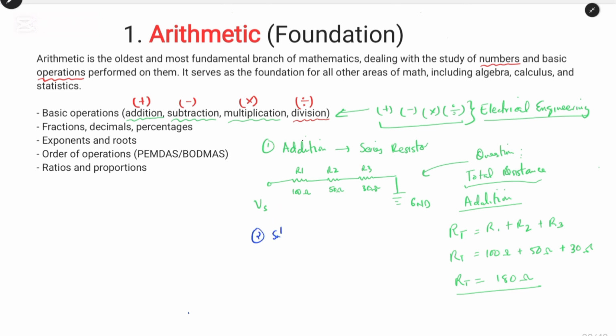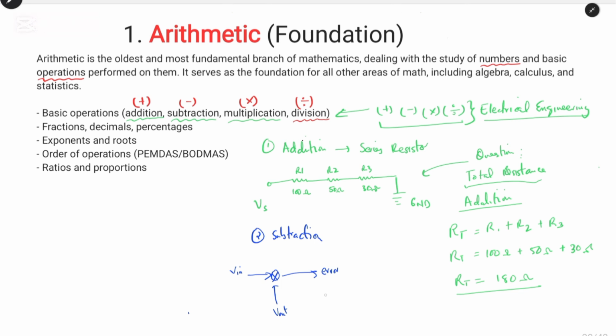And two, we look at the subtraction. In subtraction, we can deal with error correction. I made mention previously that if we have the V in and we have the V out, this normally gives the error signal in a control system.